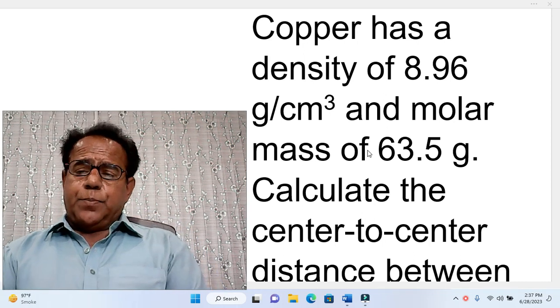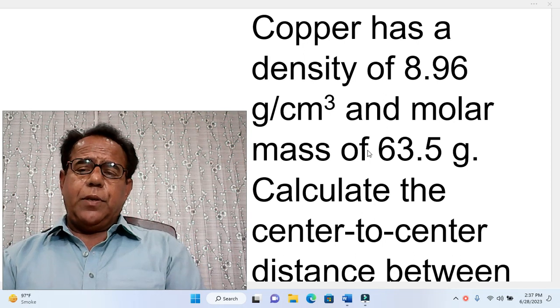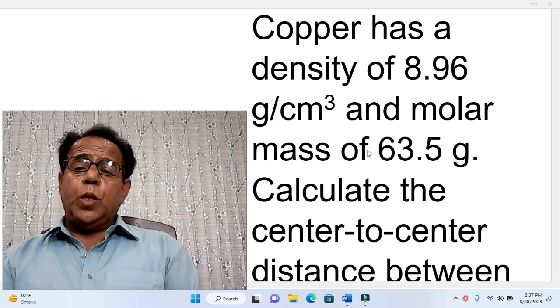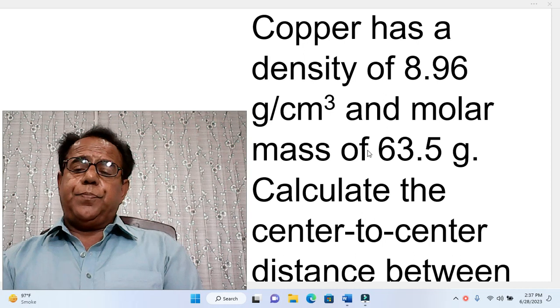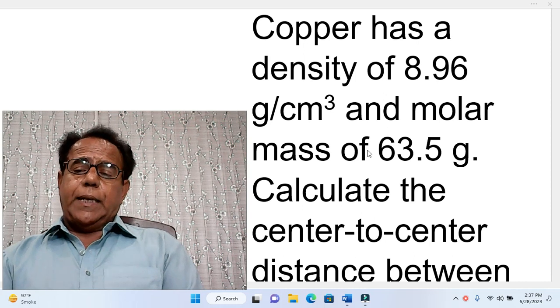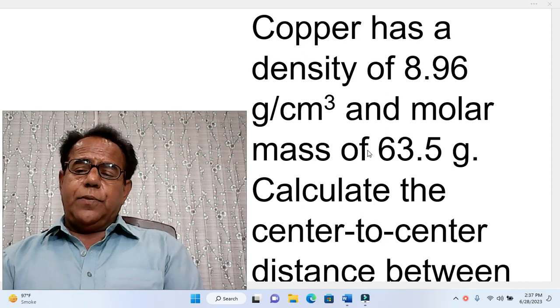This is our next problem, chosen from the book Modern Physics by Kenneth Krane. As usual, we first come to its statement. Copper has a density of 8.96 gram per cubic centimeter and molar mass of 63.5 gram.